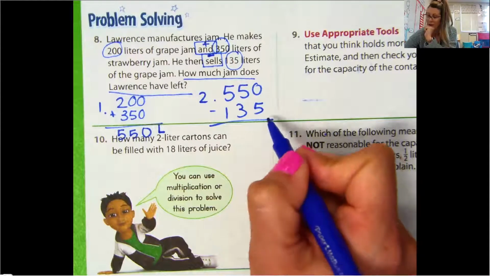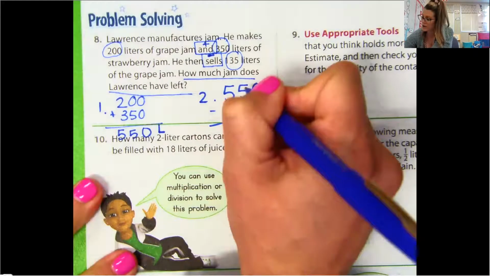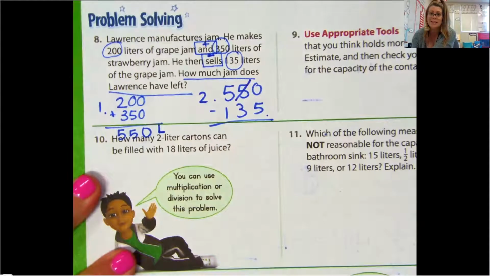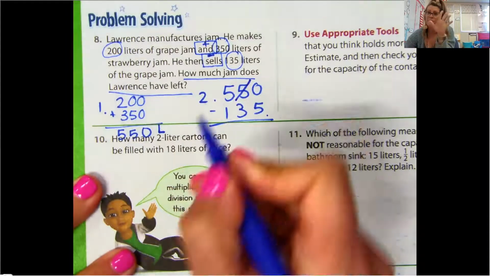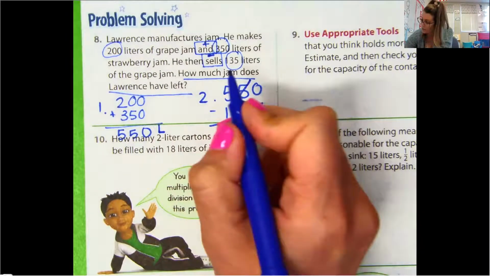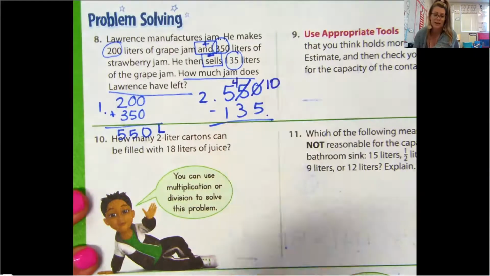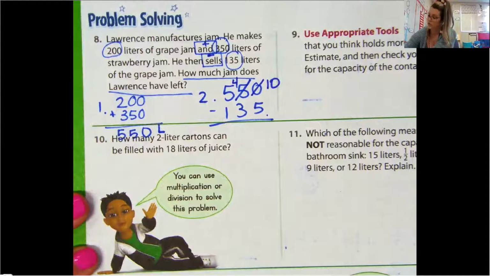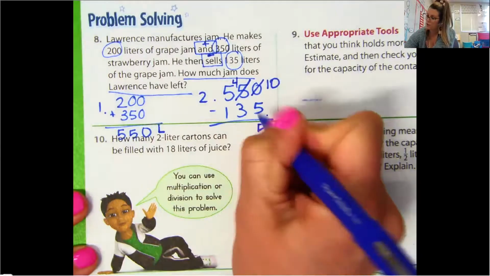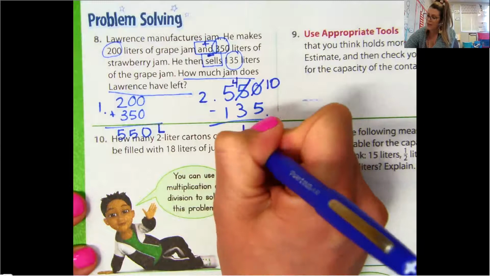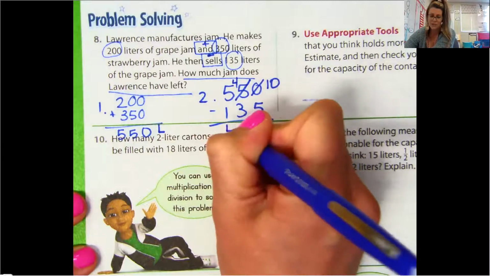There's more on the floor here. We've got to go next door and get 10 more. The 5 turns into a 4, and the 0 turns into that 10. Okay, so then 10 minus 5 is 5, 4 minus 3 is 1, and 5 minus 1 is 4.